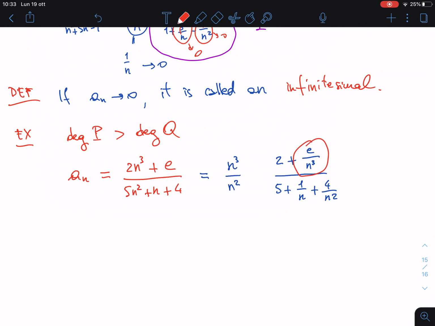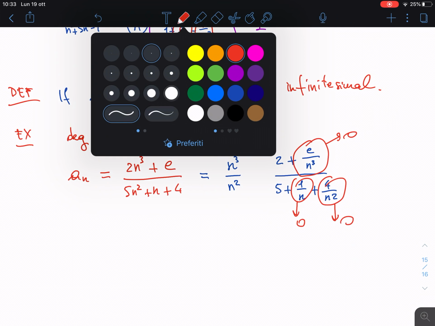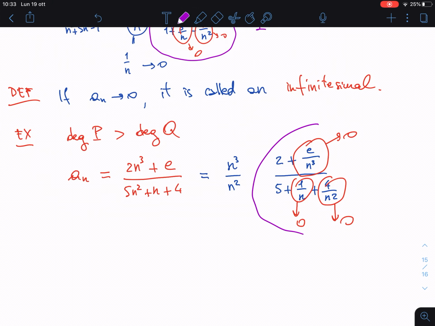So this goes to 0, this goes to 0, this goes to 0. So this ratio, by applying, as usual, the algebra of limits, goes to 2 over 5, 2/5.